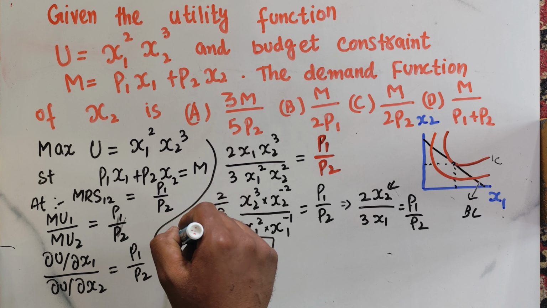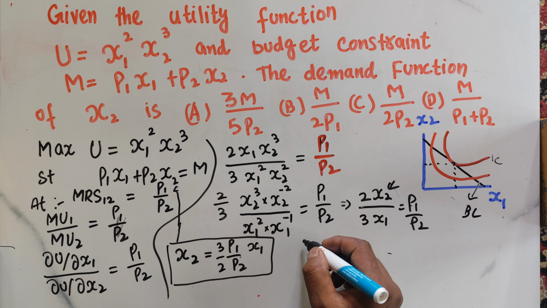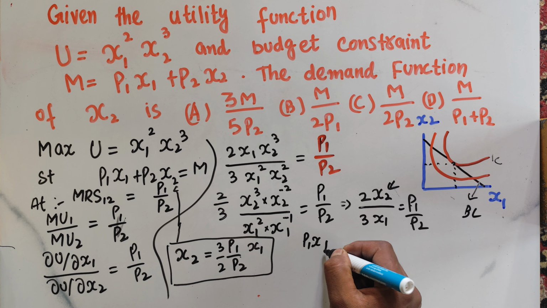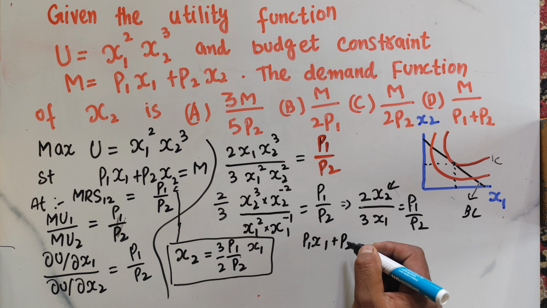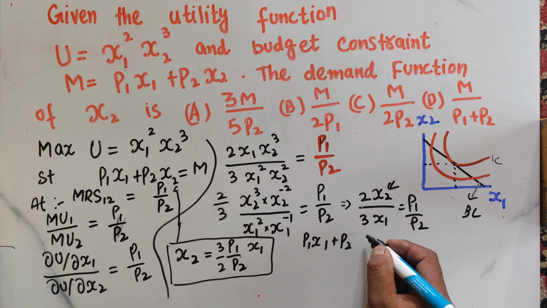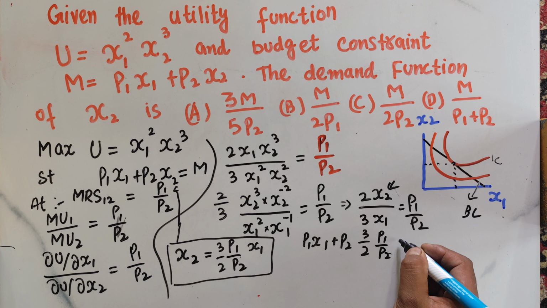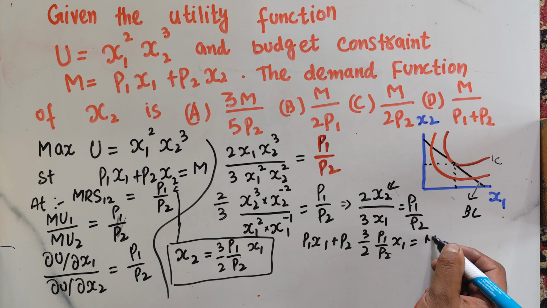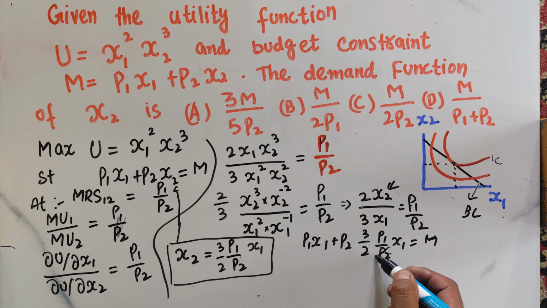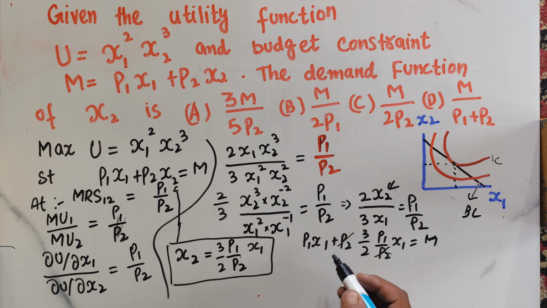So we have p1 x1 plus p2, and in place of x2 we have 3 upon 2 times p1 upon p2 times x1, which should be equal to m. Here p2 and p2 get cancelled, so we get p1 x1 plus 3 p1 x1 upon 2 equal to m.